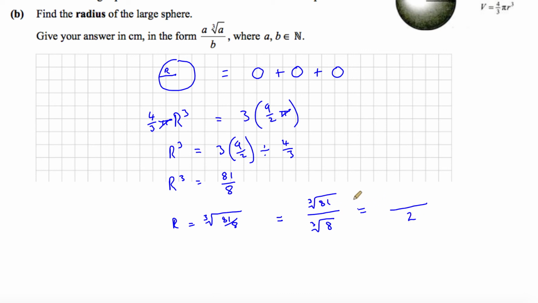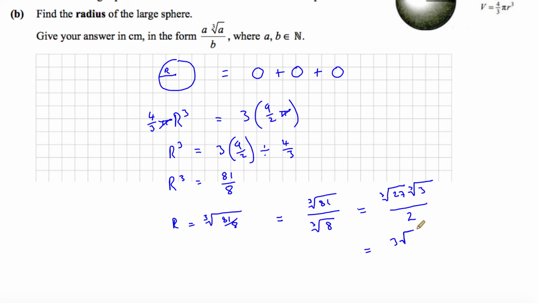And cube root of 81, if we use our rules of surds, or our laws of surds, we can split that 81 into cube root 27 by the cube root of 3, because 3 by 27 is 81. And the reason I did that is because the cube root of 27 is something that I know, which is just 3.